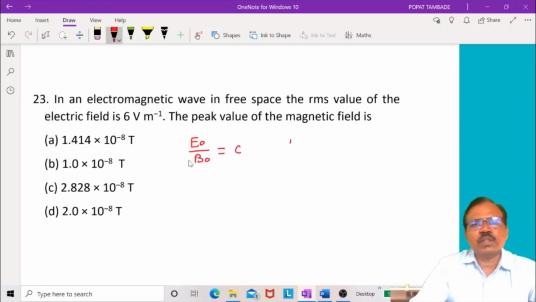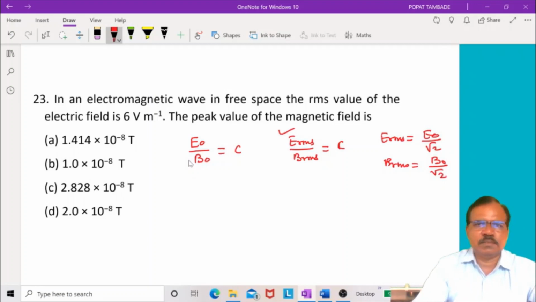Or we can also write this as E RMS upon B RMS is equal to c, because E RMS is equal to E0 upon root 2, and B RMS is equal to B0 upon root 2. So the RMS value is given.